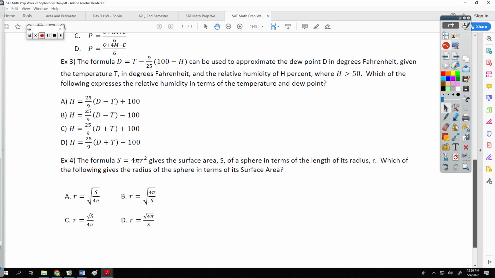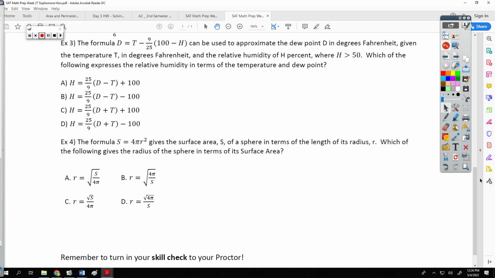Example 3 says in the formula D equals T minus 9/25 times the quantity 100 minus H, that formula can be used to approximate the dew point D in degrees Fahrenheit, given the temperature T in degrees Fahrenheit, and the relative humidity of H%, where H is over 50%. Which of the following expressions expresses the relative humidity in terms of temperature and dew point?